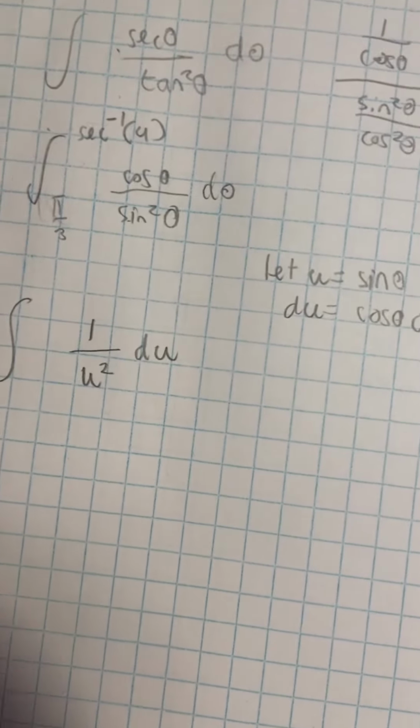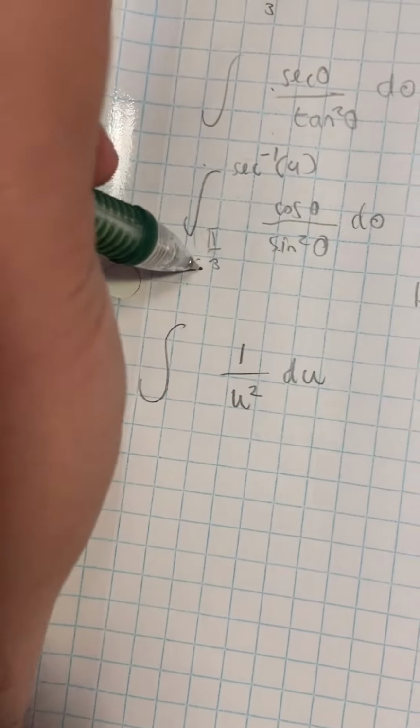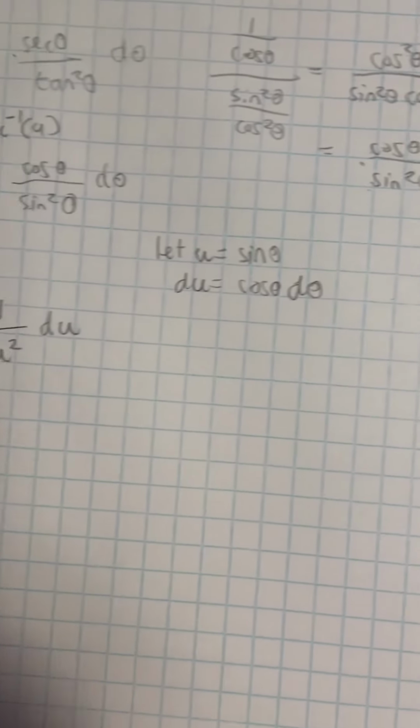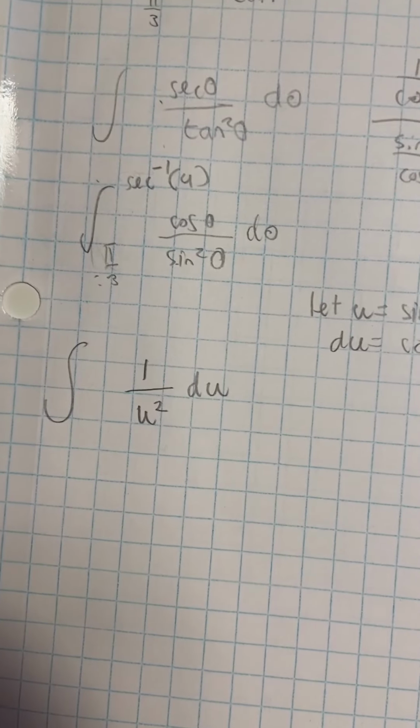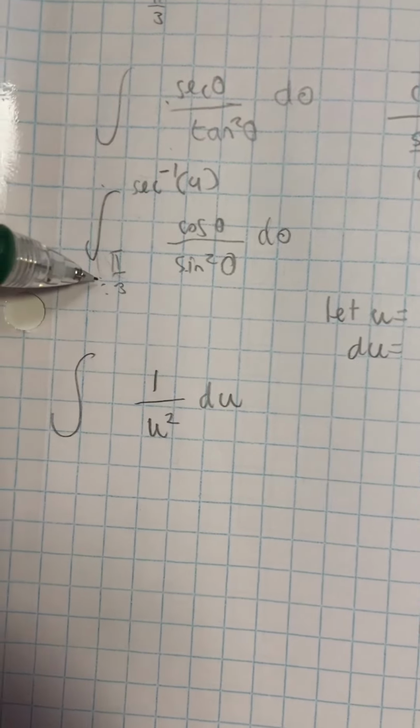So now for the lower and upper bounds. We know that u equals sine theta. So for the lower bound, theta is pi over 3.